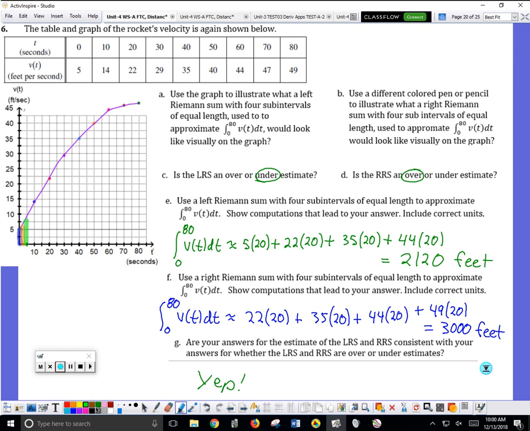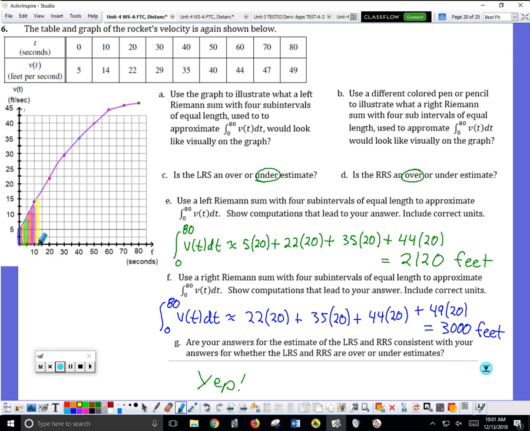So that's my ideal situation, which means I would be finding the area of very narrow rectangles, and each narrow rectangular area would represent the change in position of the rocket for that very short time period. So that's the ideal.